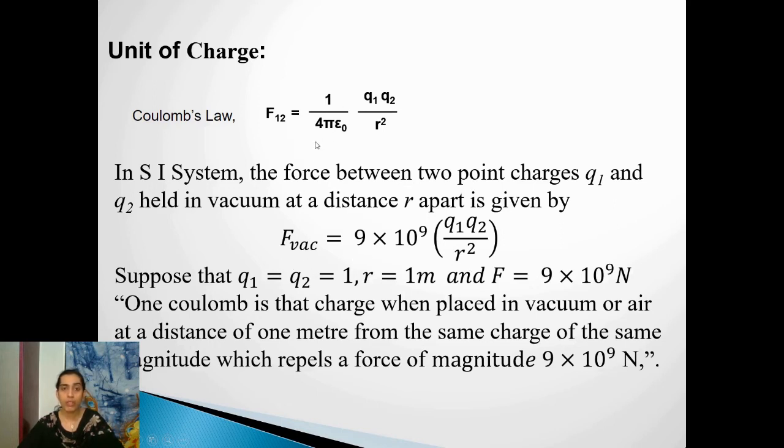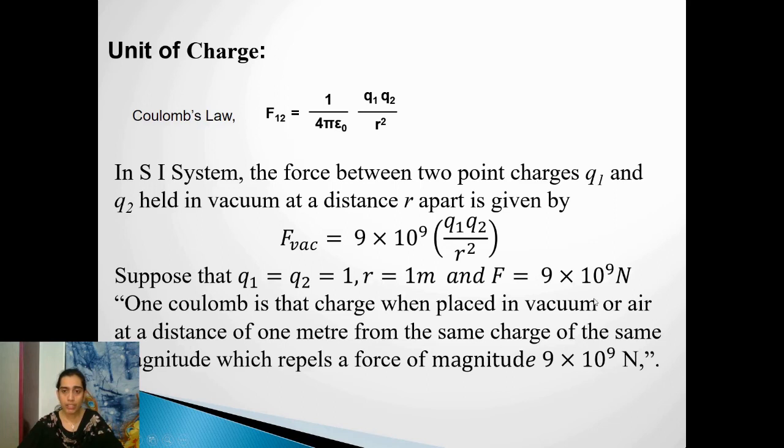When we replace the value of 1 by 4 pi epsilon naught, that is 9 into 10 to the power of 9, and Q1, Q2 take the value of 1 and the distance of separation is also 1 meter, then force will be simply equal to 9 into 10 to the power of 9 Newton, right?